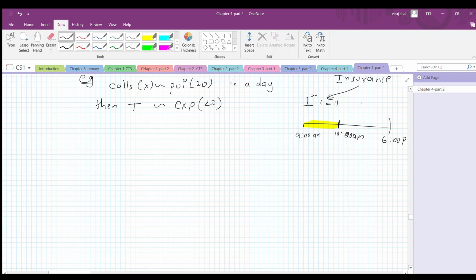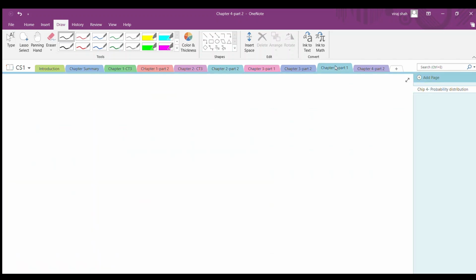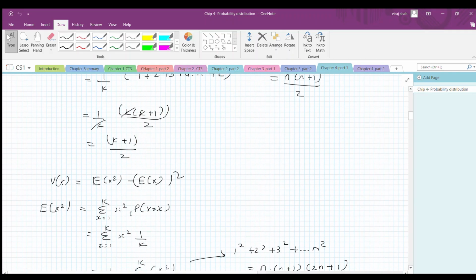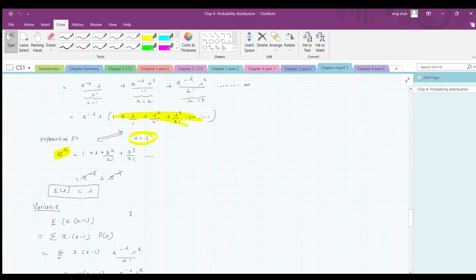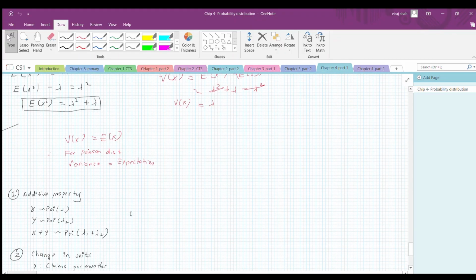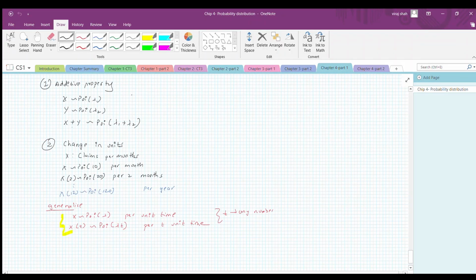If I'm measuring for an hour or for a month, I stated an additive property as well as change of units.